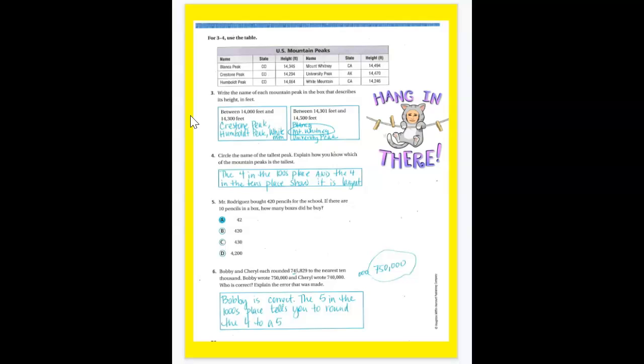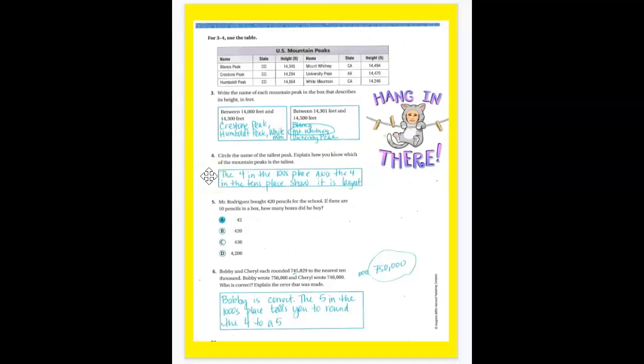First box, between 14,000 feet and 14,300 feet, I know that Creston Peak, Humboldt Peak, and White Mountain are in between 14,000 feet and 14,300 feet. Box number 2, between 14,301 feet and 14,500 feet, I have Blanca Peak, University Peak, and Mount Whitney.